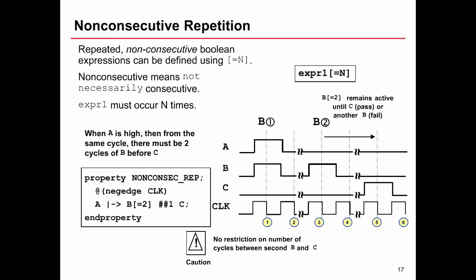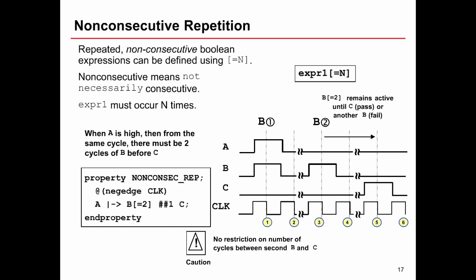So B has occurred once, and then some number of cycles later, it could be any number of cycles later, but it happens to be at cycle 3 on this timing diagram, B occurs for the second time. So this subterm, B equals 2, non-consecutive repetition, is now satisfied.